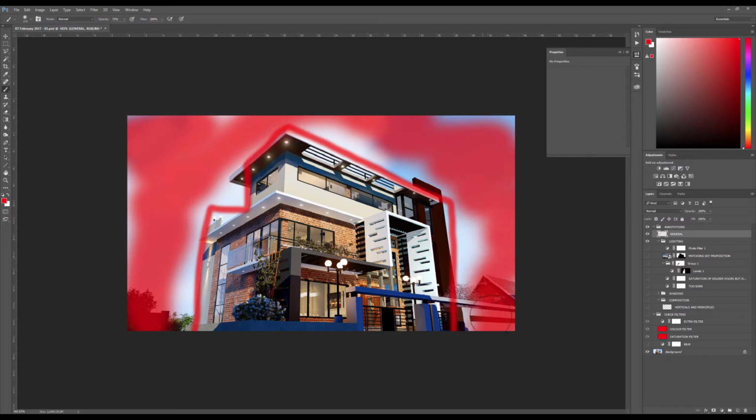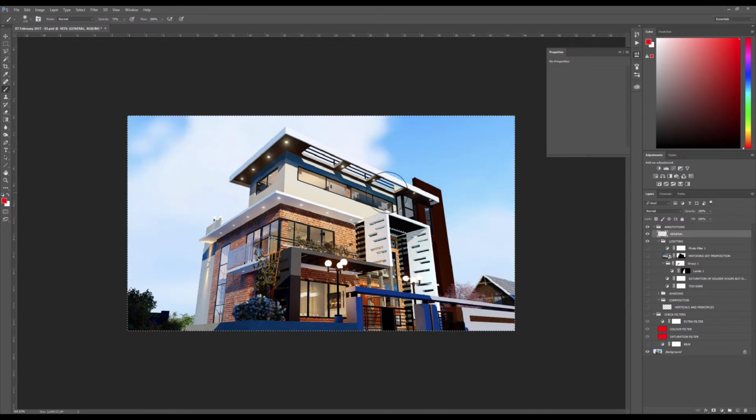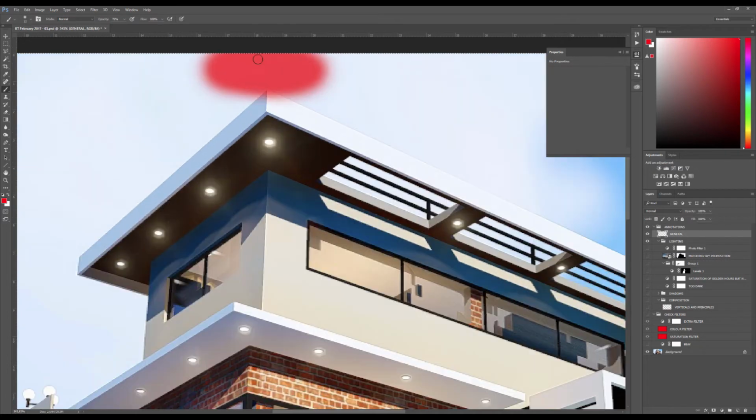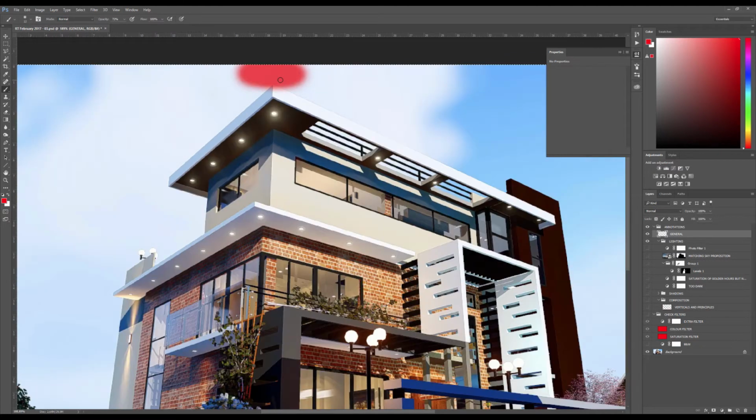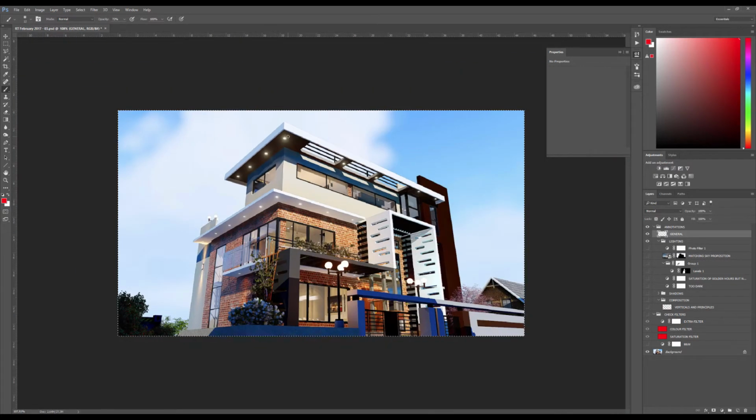Because as you can see, in terms of composition, the building is taking almost most of the available space, which is not really a good thing in terms of ratio. When the top of your building is extremely close to the top of your frame, most of the time it means you're lacking some sort of breathing space.